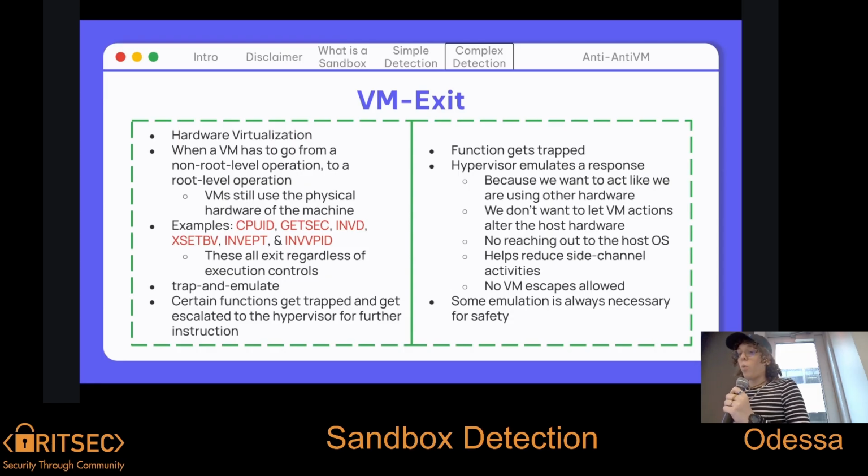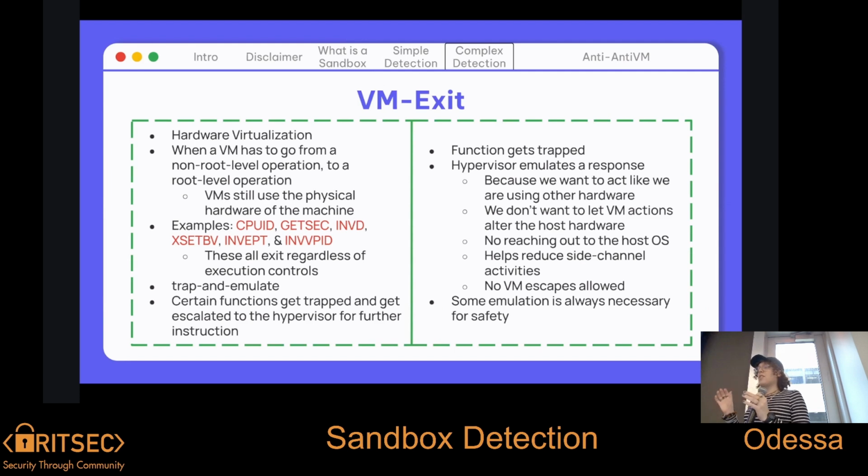So what hypervisors do is they'll have a list of certain calls that they trap. It's called trap and emulate, where certain functions get trapped, controlled, and then sent to the hypervisor to be handled. And yeah, those are the examples up there. These specifically all cause a VM exit.